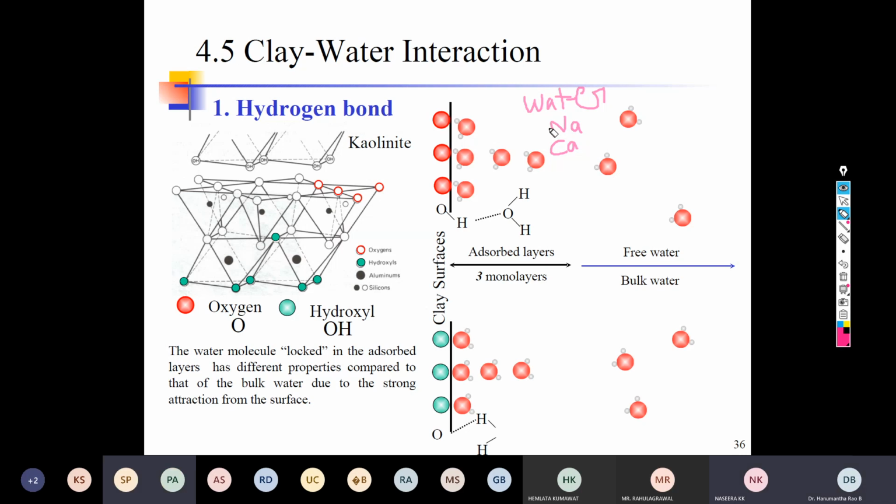Charge is more, because it has two valency. Exactly. This is a higher valency, that is a lower valency. It's like a stronger person coming and throwing out the weaker person. But as a result, what will happen to the thickness of the diffusive double layer? It decreases.